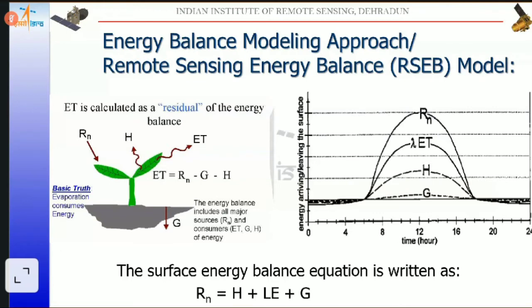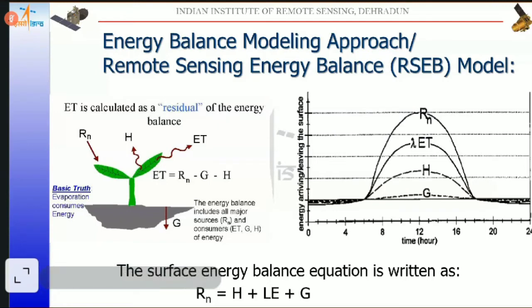Rn is the maximum, no doubt, because Rn is the net radiation available on the ground, and the same net radiation is further bifurcated into these three components: LE, H and G. If I define them one by one, lambda ET, or LE, is the latent heat flux, and H is the sensible heat flux.